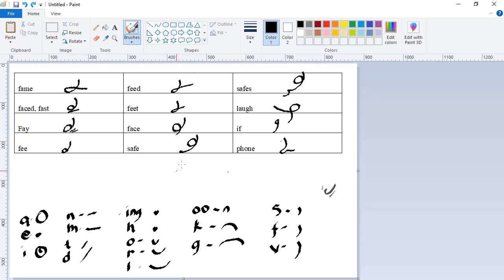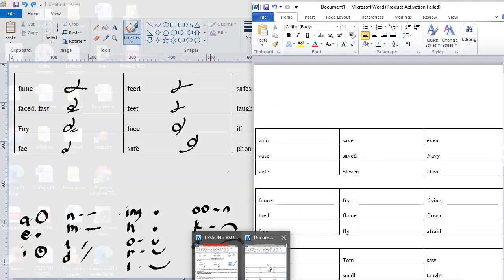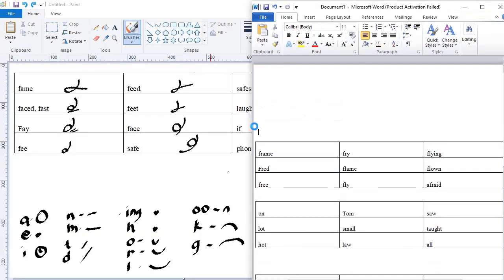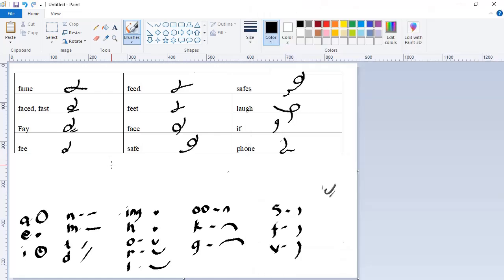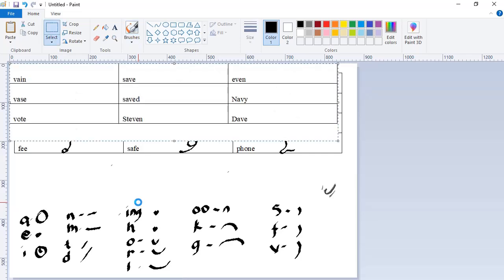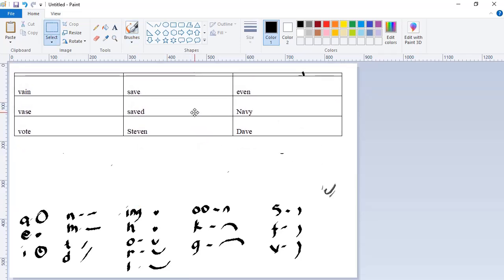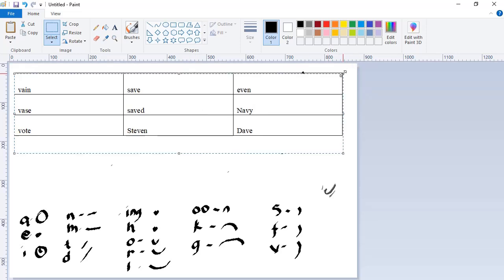Now, let's move on to letter V. Yan yung mga words natin sa letter F. Okay, so this is our letter V words. Okay, so first we have vein.